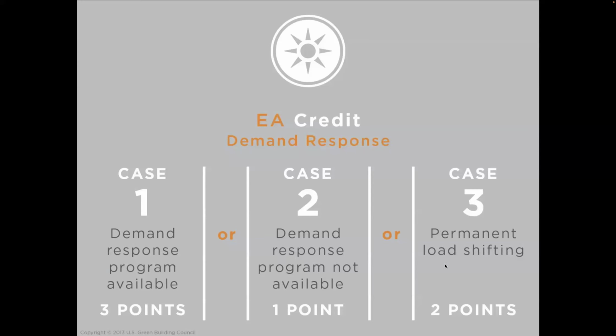A lot of times, say you're a manufacturer and your equipment takes a lot of energy, if you can shift when you use those systems to when it's not peak demand, like turning them on early in the morning, that's a load shifting strategy. So that's what they're talking about there.